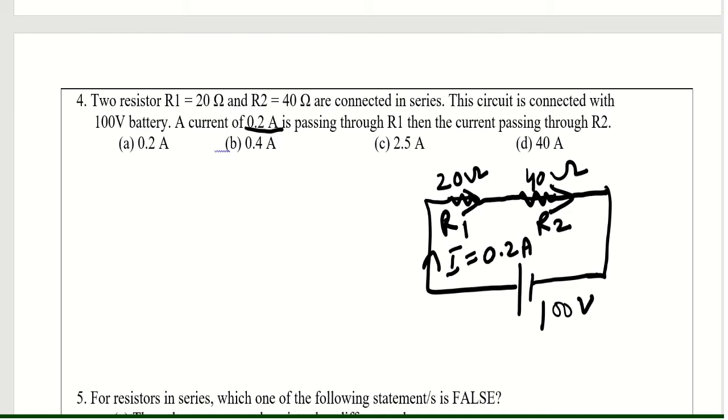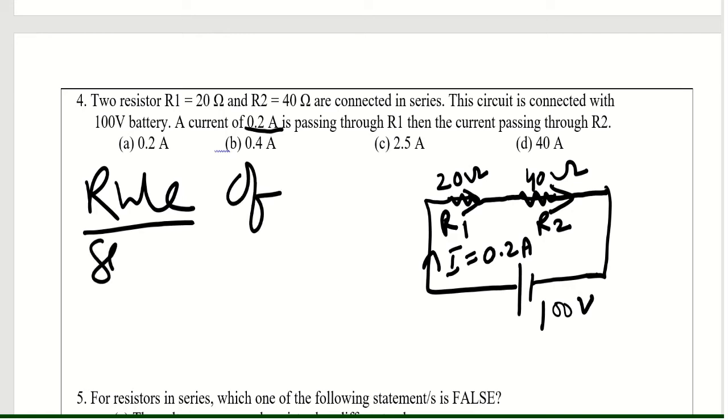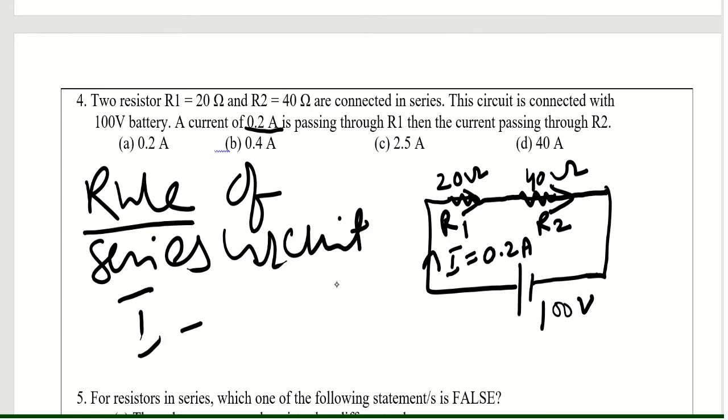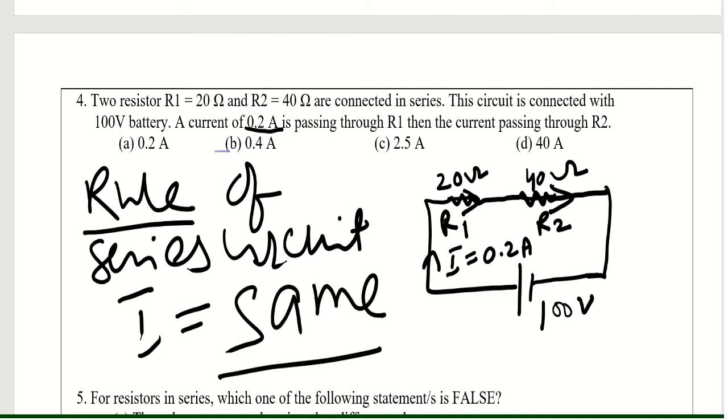There is one rule, the rule of the series circuit, and the rule is the current is the same in the circuit. Whatever current is passing, the same current will pass through all the components connected in that series circuit. So here if they say through R1 the current is 0.2 ampere, then through R2 the same current will pass. This is the rule.